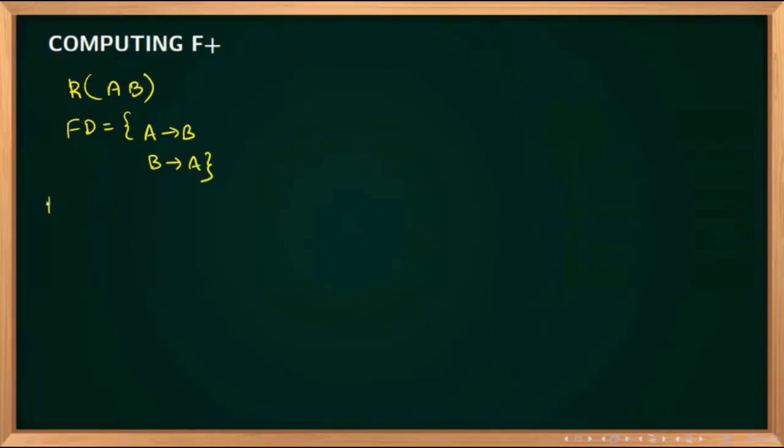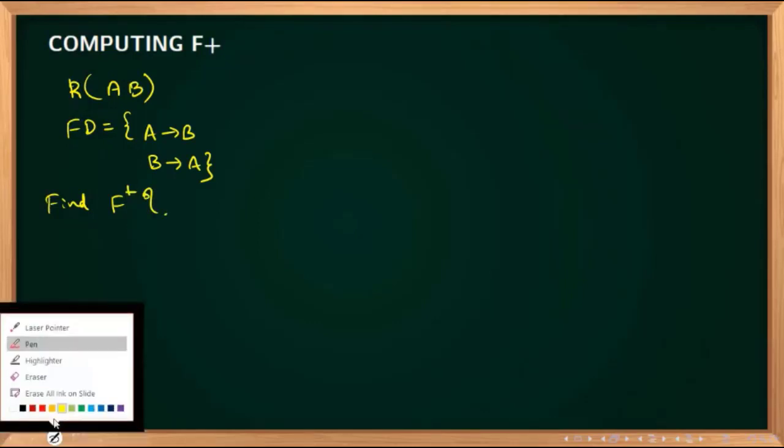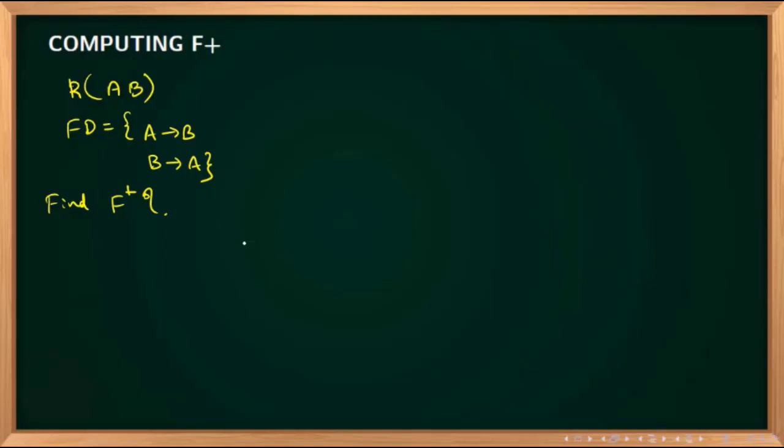The question will be find F closure. Okay. What is this F closure? We already discussed about this thing, that maximum number of functional dependencies you can make from a 2 or n attribute set.